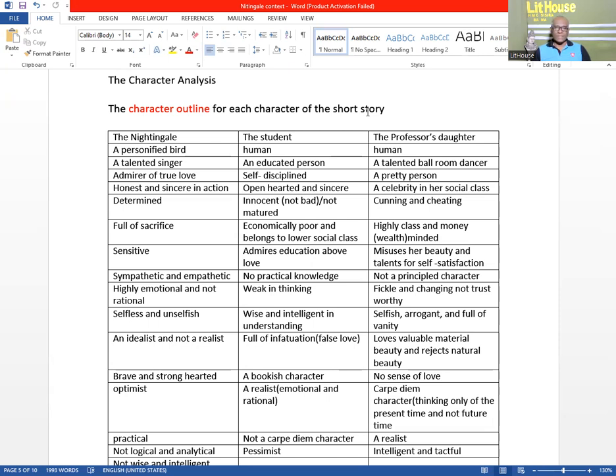Even other natural elements, such as the sun, the moon, and the stars, are the nightingale's silent listeners of the dark night.